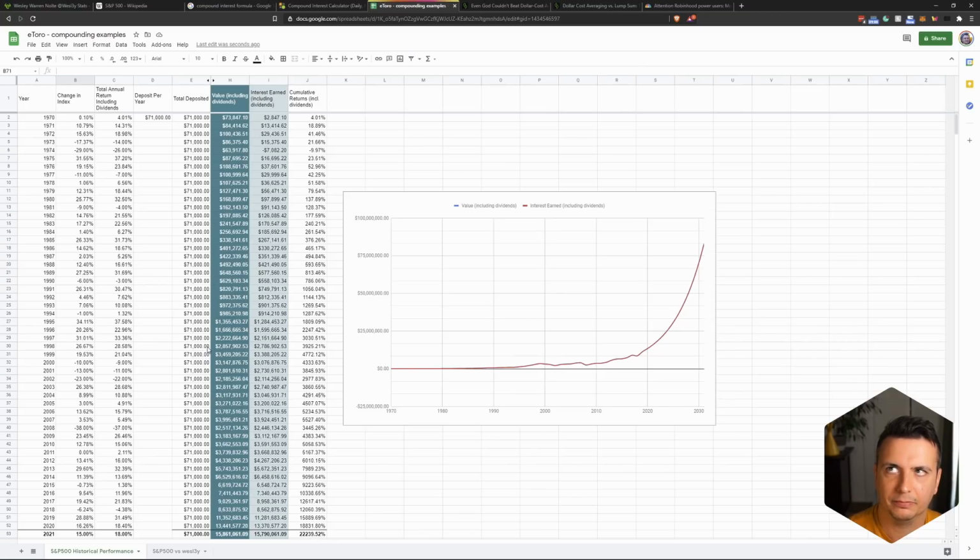All right, so hopefully by now I've shown you how powerful compounding can be. It can be very powerful in both the positive and the negative direction. I haven't shown you the effect of inflation, but it would be ugly if I did show you how much it would eat into our returns.